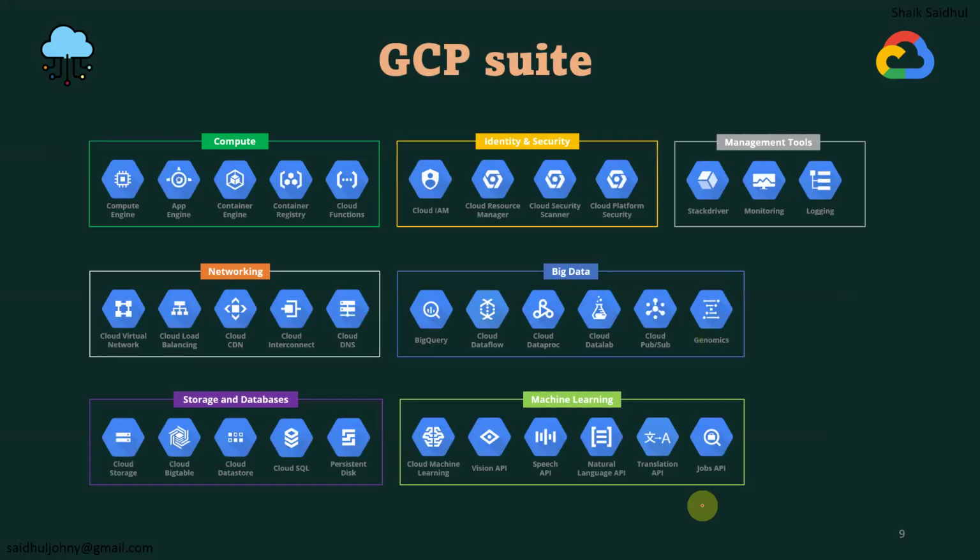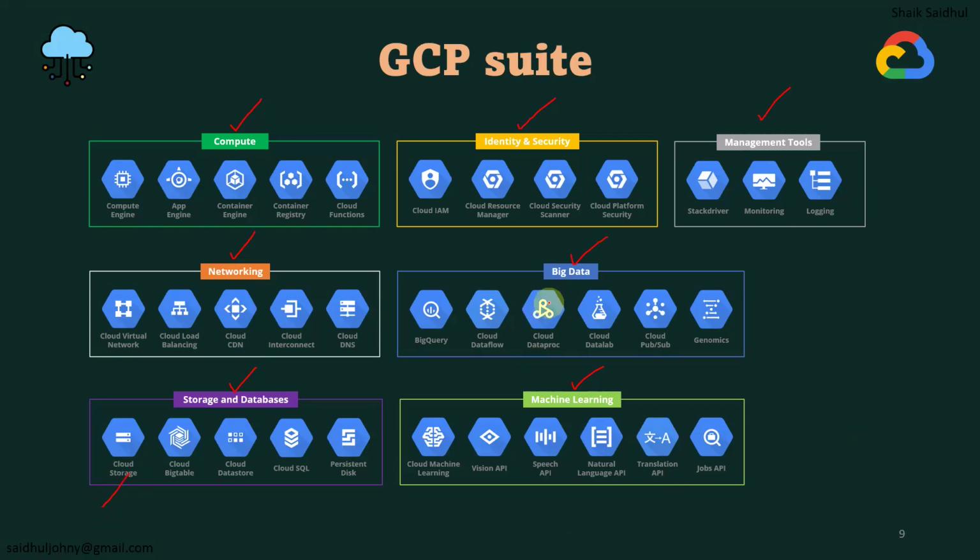And what are the services that it is offering? What is the tech stack? What are the entire compute categories? Identity, IAM services, management tools, right? You can see compute, IAM, management tools, networking services, big data engineer, storage and database engineer, machine learning engineer. Whoever you are, if you want to work in the cloud, you have a separate service available here. If one wants to store data, they can store it.